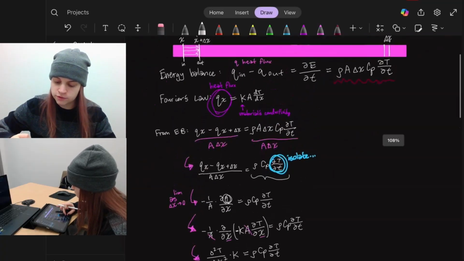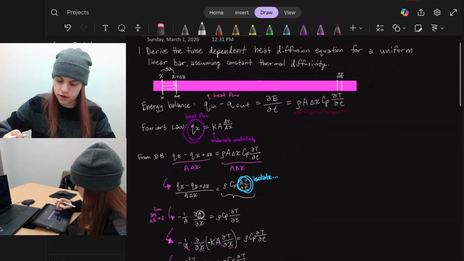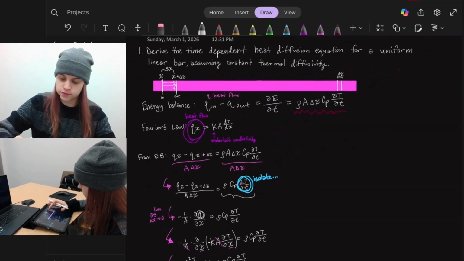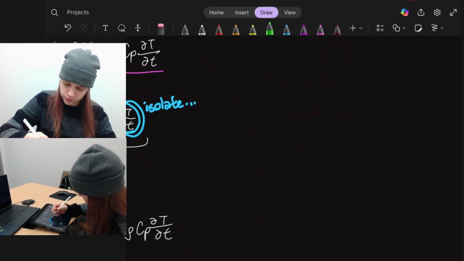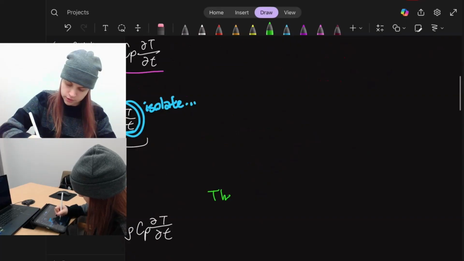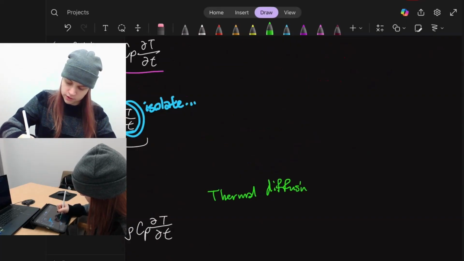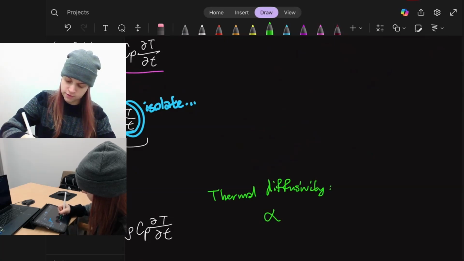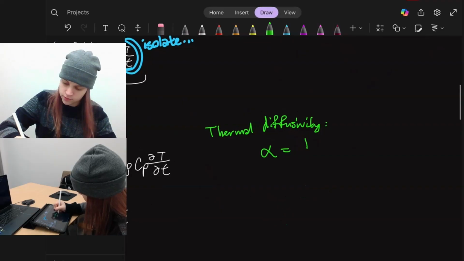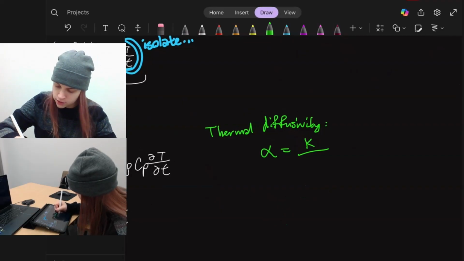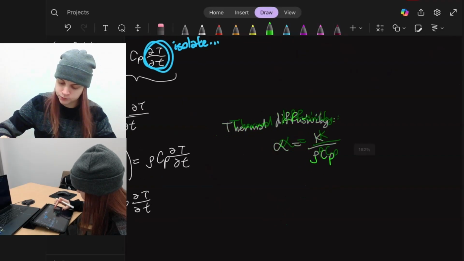As we said above, we are assuming constant thermal diffusivity. It's this alpha value right here, and it's defined as K divided by rho Cp.